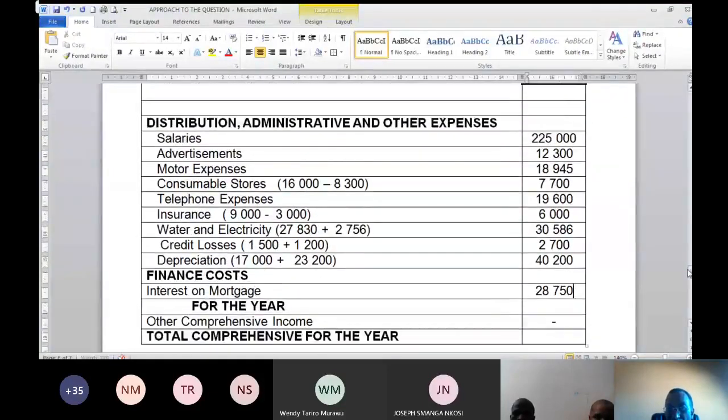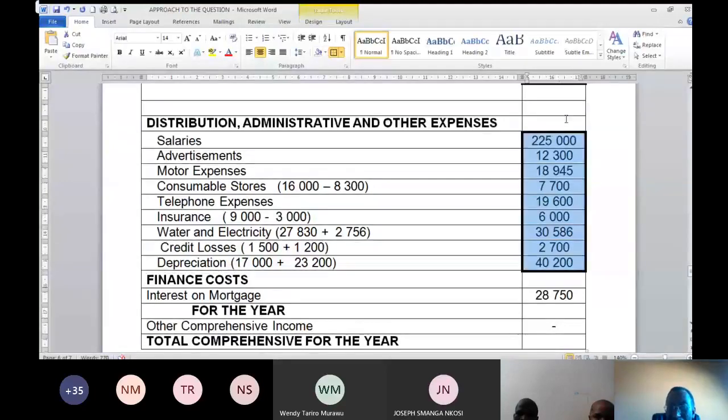Right. Just to block that, guys, our distribution, administrative, and other expenses, we will add up all of that. It's the 225,000 plus the 12,300 plus 18,945 plus 7,700 plus 19,600 plus the 6,000 of insurance and the 30,586 Rand of water and electricity.